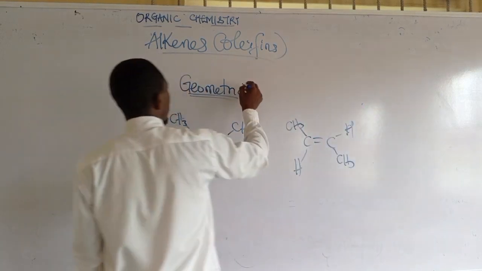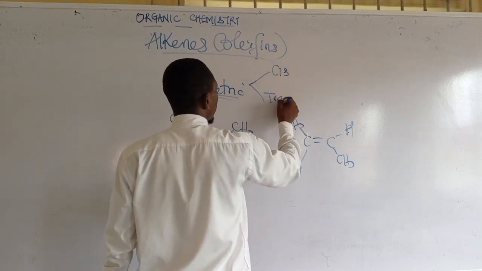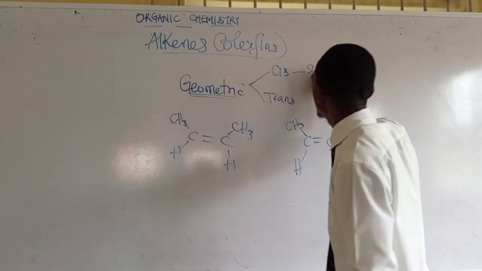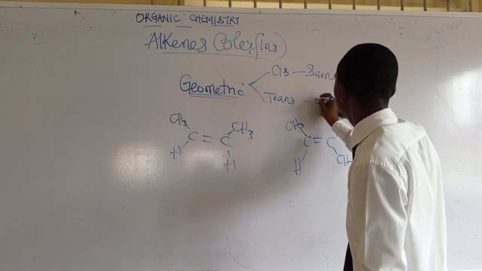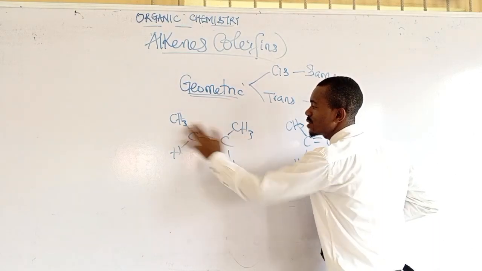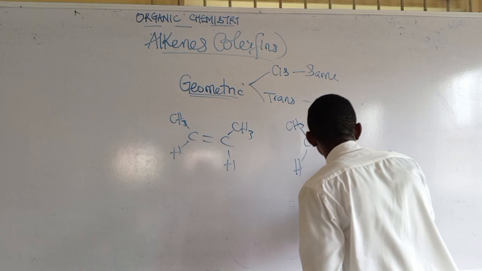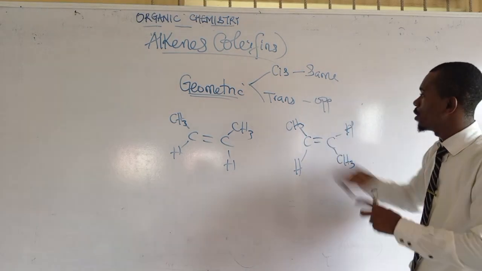For geometric isomers, they could be cis configuration or trans configuration. Cis means same, trans means opposite.